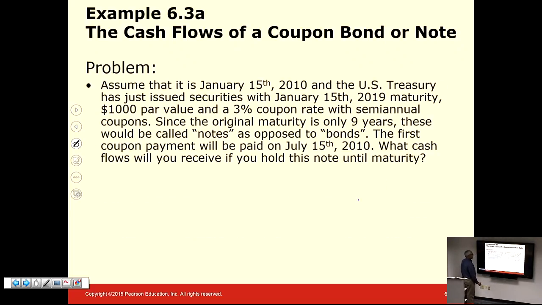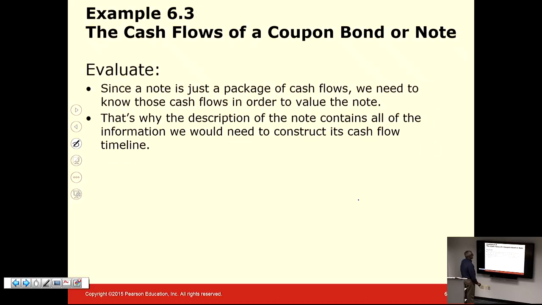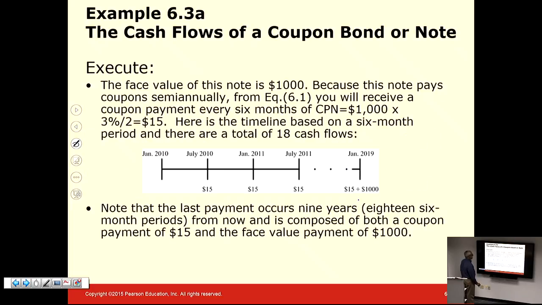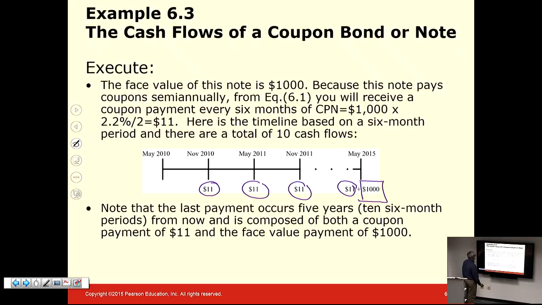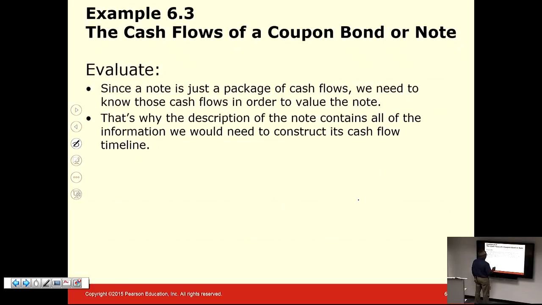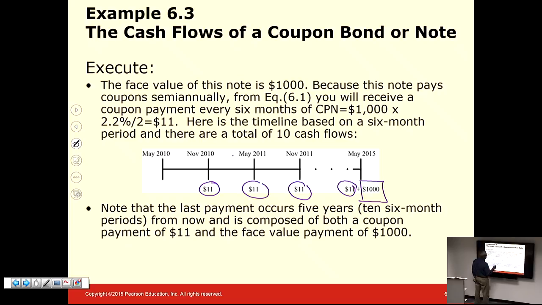So how do we price this thing? We price this by looking at the payment as 11. Why is it a payment? Because if you look at this stream of $11 payments, it is like an annuity.